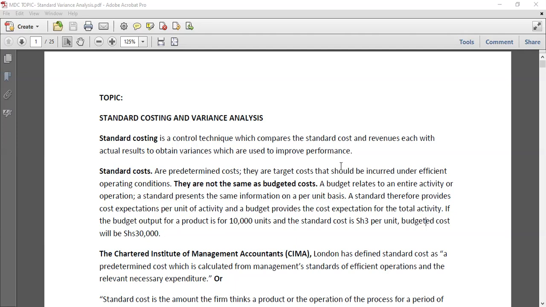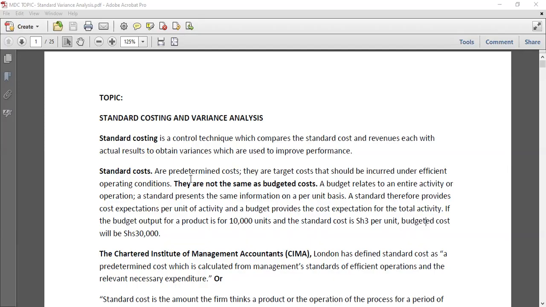So you can look at different things, but I believe that background gives you more understanding of what standard costs are. Just know that standard costs are preset costs, revenues or prices for management to base on to measure their performance.